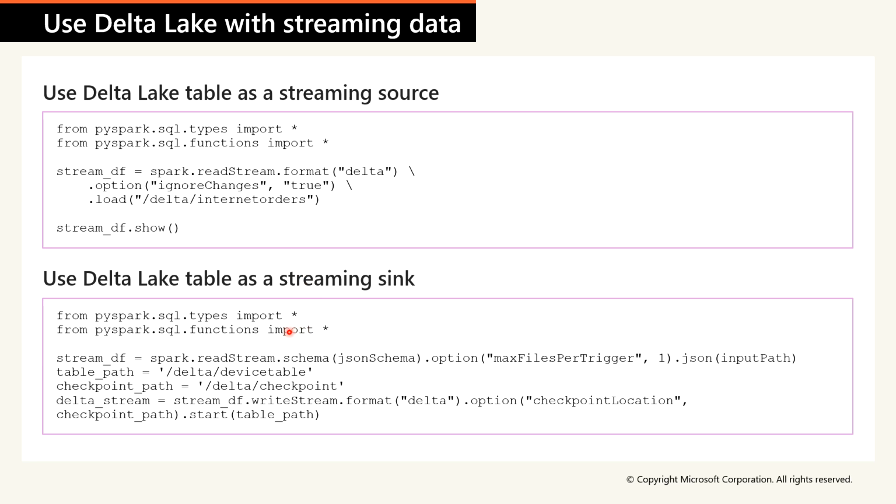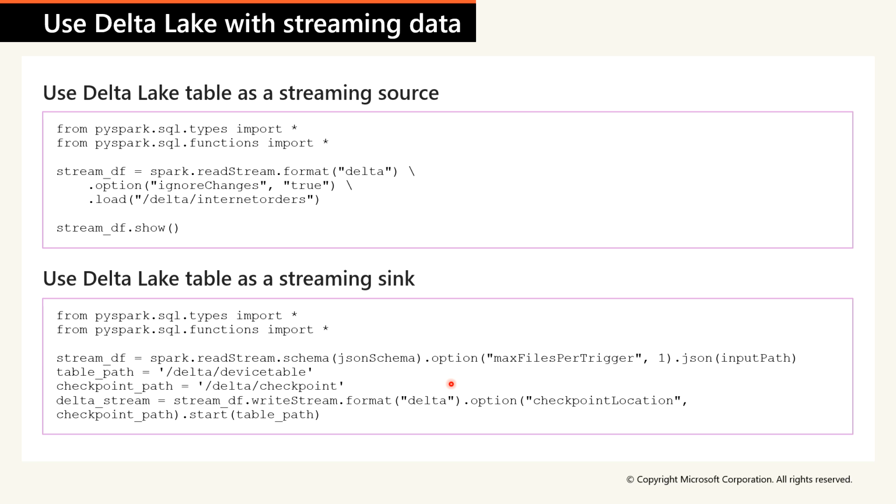Now the streaming sink mentioned here: in the first line, as usual, we read the streaming data, and inside the table path we mention the type of table and the destination path we are looking for.